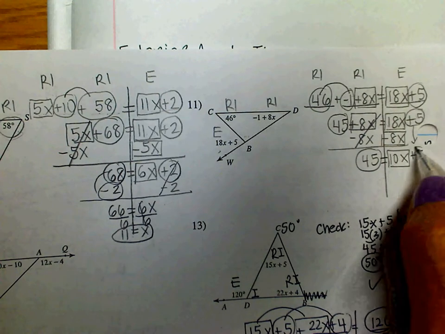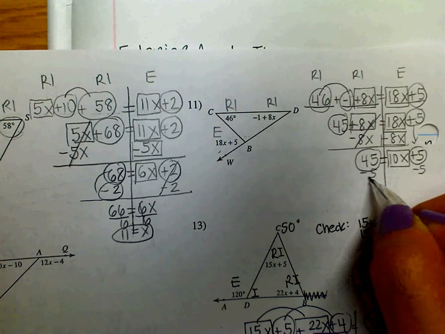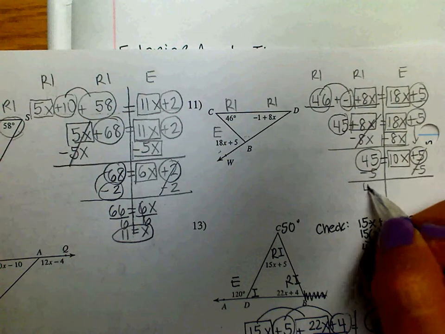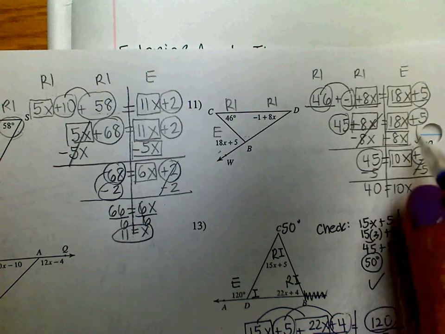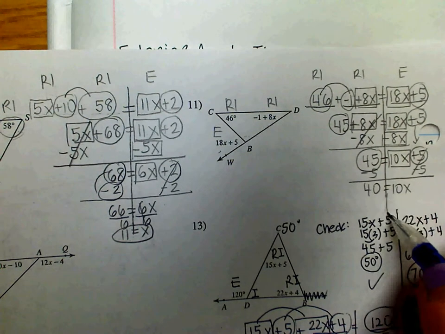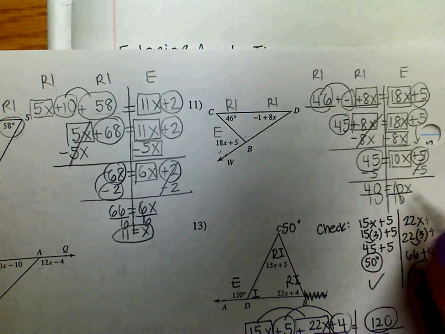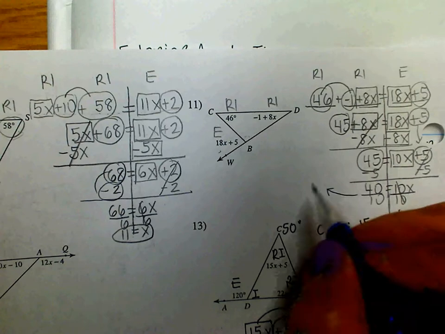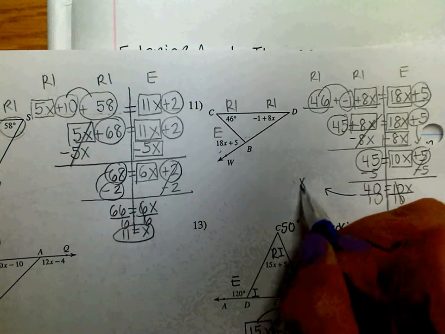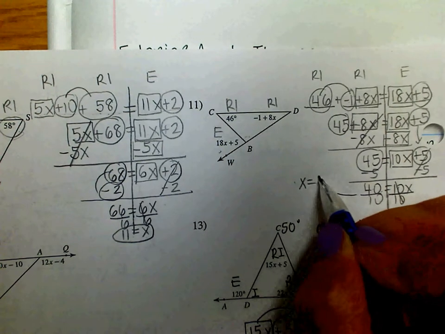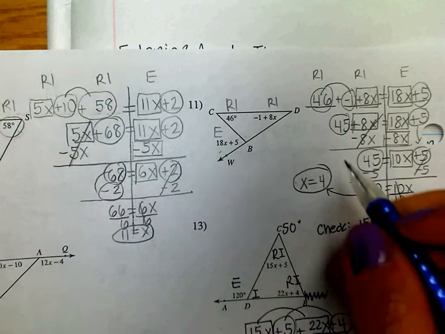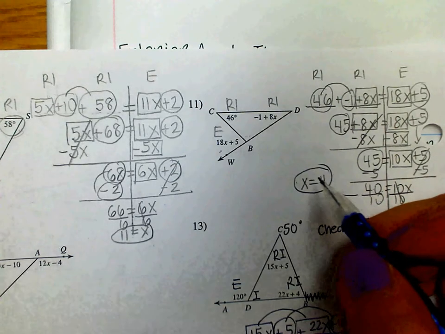Subtract, subtract, and I get 40 equals 10x, okay? And then divide by 10. And then, since I'm running out of room, this x is by itself. 40 divided by 10 is 4. And I know that I have, sorry if that timed out for a second there.